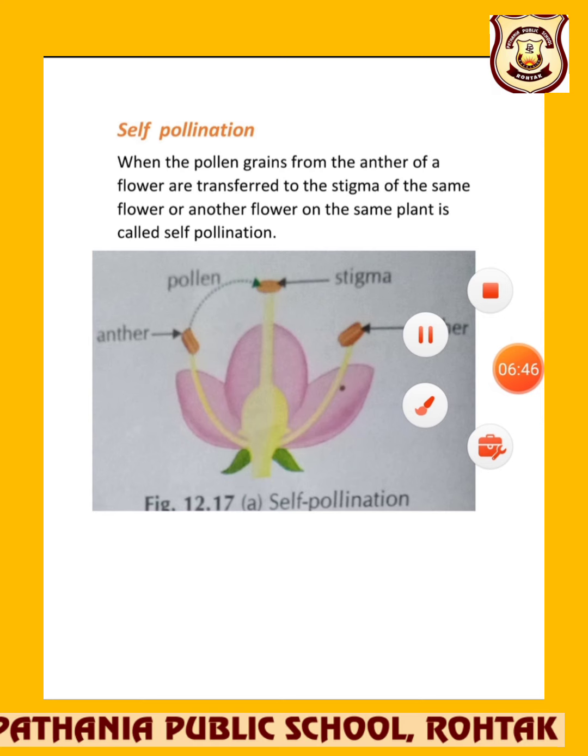Self-pollination. What is self-pollination? When the pollen grains from the anther of a flower are transferred to the stigma of the same flower or another flower on the same plant, it is called self-pollination. You can see from the diagram on your screen. You can see the anther part.